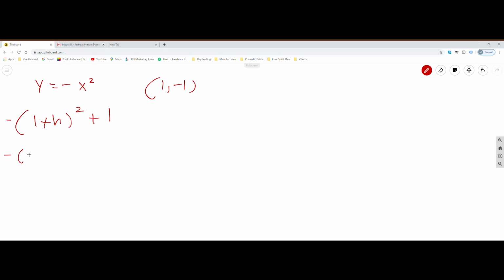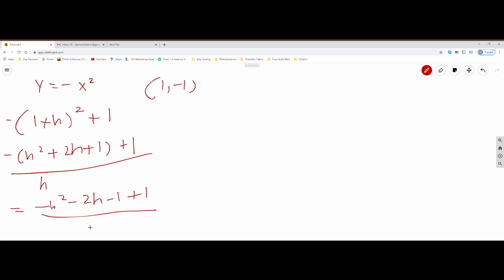So negative h squared plus 2h plus 1, minus 1, over h. So equals negative h squared minus 2h minus 1 plus 1 over h.